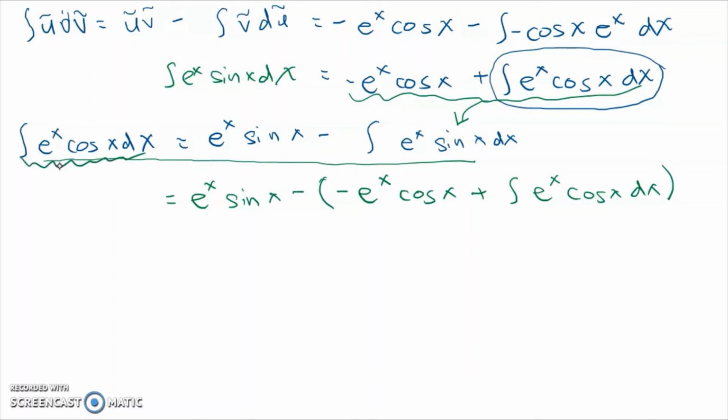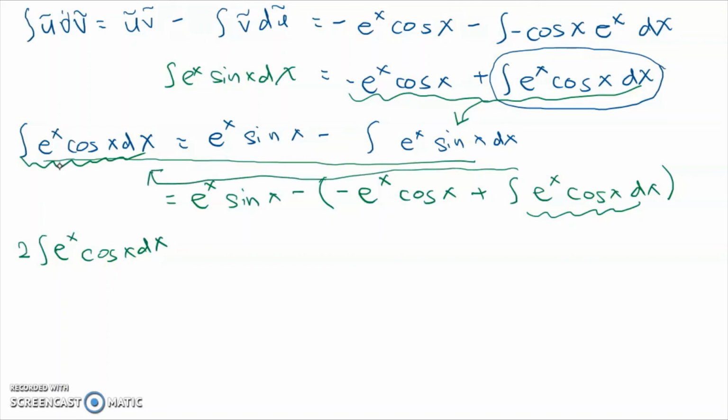Since this term and this term are the same, I just move it to the left hand side. So here is negative, and when I move it, I'm going to have plus the same term. So I have 2 times the integral of e to the x cos x dx on the left, and my right hand side has e to the x sin x plus cos x.